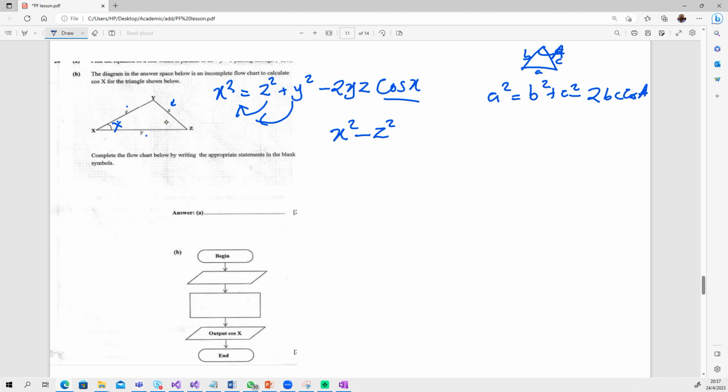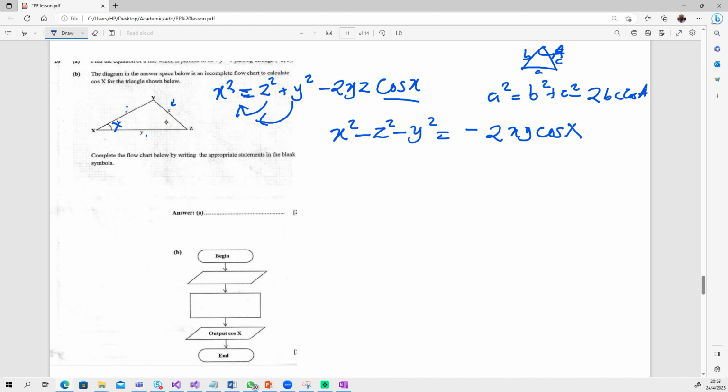If the y goes this side to the left, if it jumps the equal sign, it becomes negative, minus y squared. Then is equal to, so you're going to have a negative 2xy and then cos of angle x.